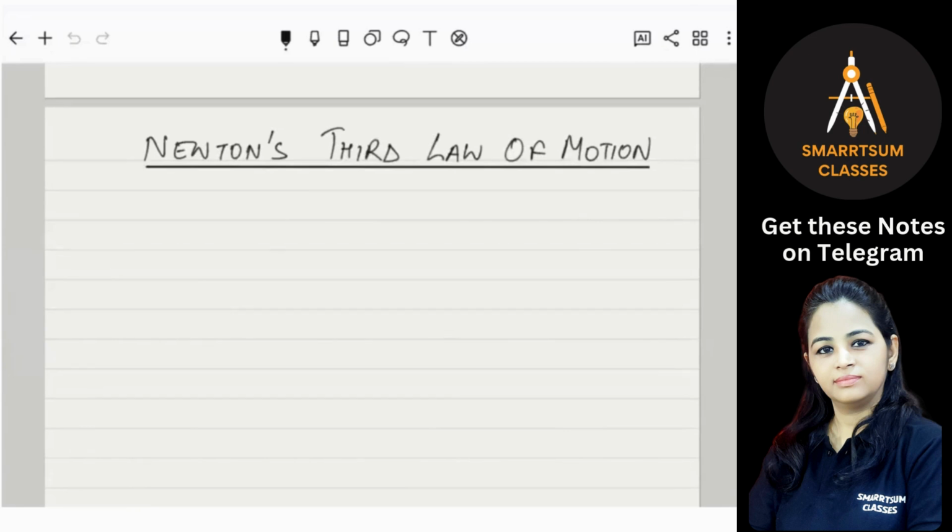Newton's third law of motion. Now what does Newton's third law say? Please listen to me carefully. Whenever one object exerts a force on another object, then the second object exerts an equal and opposite force on the first object.